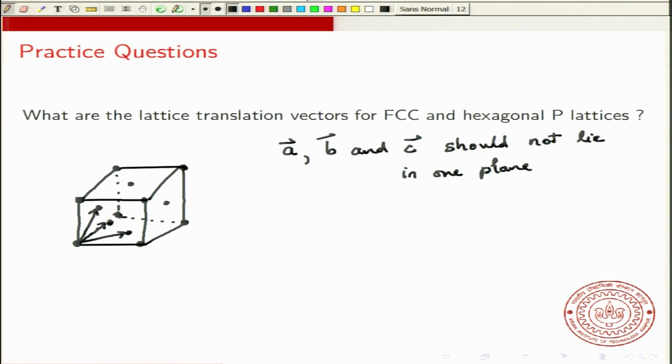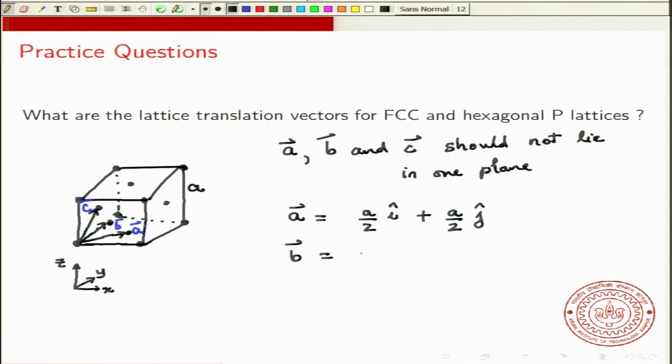If you have the 3 coordinate axes defined as x, y, z, then I will call the lattice translation vectors A, B and C. Then A is equal to a/2 i plus a/2 j, where little a without the vector sign is the side of this cube.